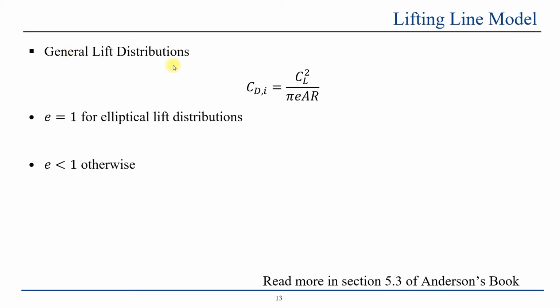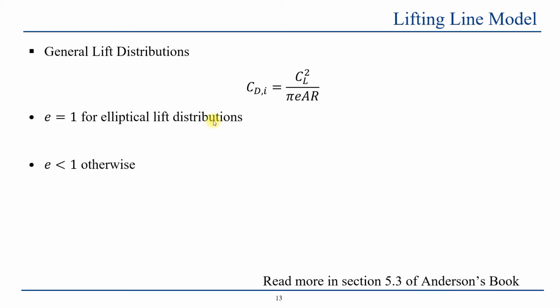So in the general case, the lift distribution is going to have a new parameter, E, the Oswald efficiency factor. For an elliptical or ideal lift distribution, E is going to be 1, so CDi is going to be CL squared over pi times aspect ratio. But in most cases, you do not have the ideal case.